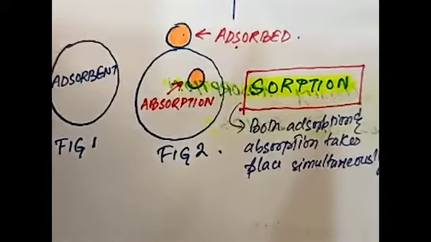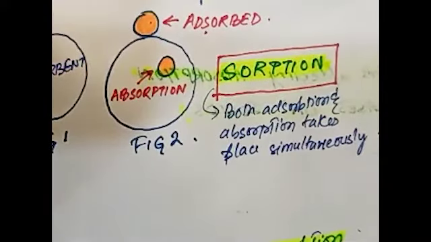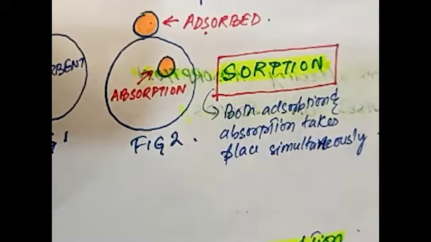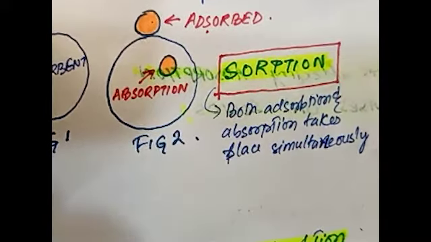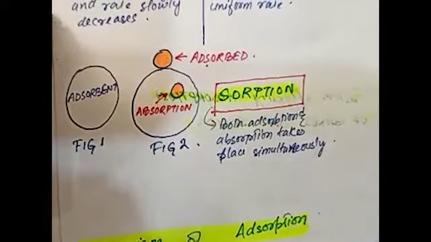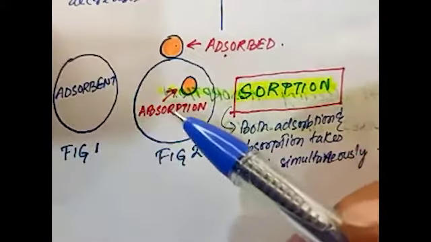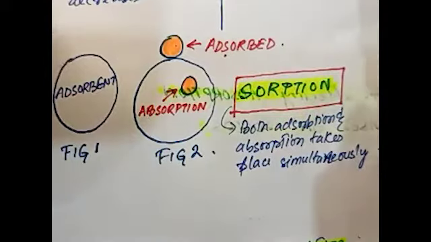Both adsorption and absorption take place simultaneously. So now we have learned quite a lot. We have learned what is adsorbent, what is absorption, what is adsorption, and what is adsorbate.